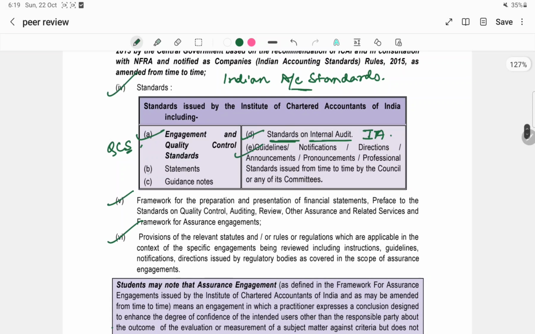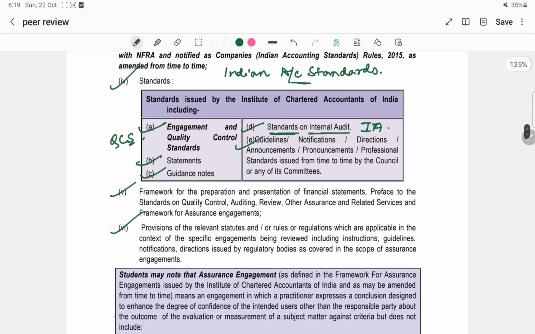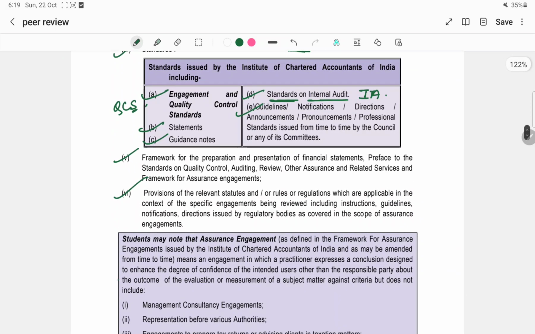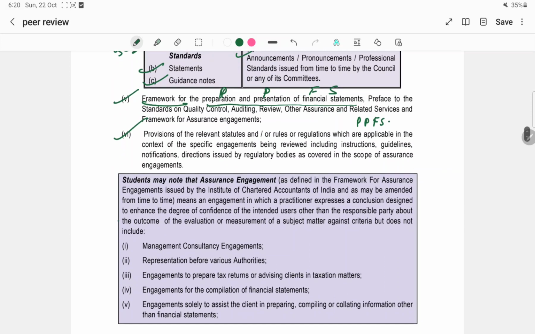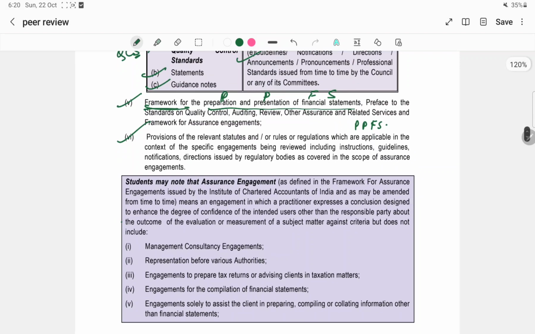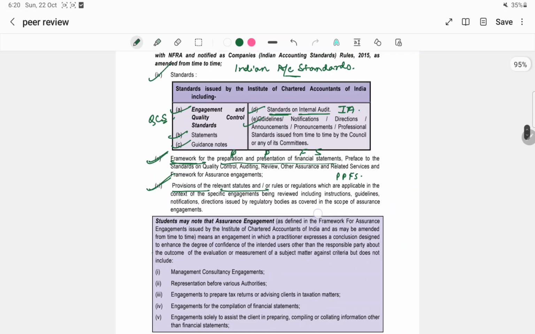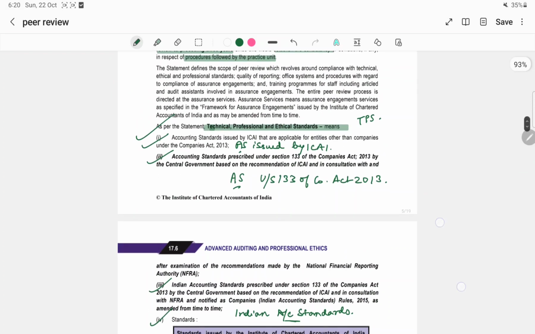Now there is guidelines, notification statements, guidance notes, all are auditing terms. Now framework for PPFS, that is preparation and presentation of financial statements. So this framework also will comprise provisions of the relevant statute. So these 6 points you can easily recall for TPS.